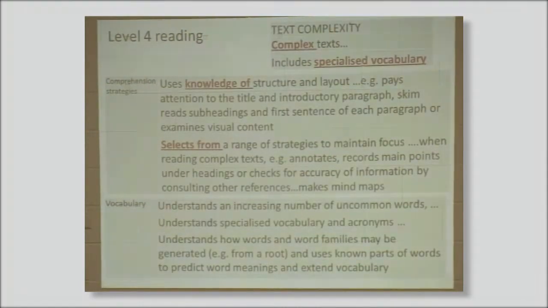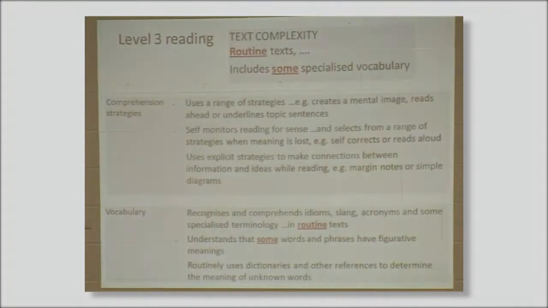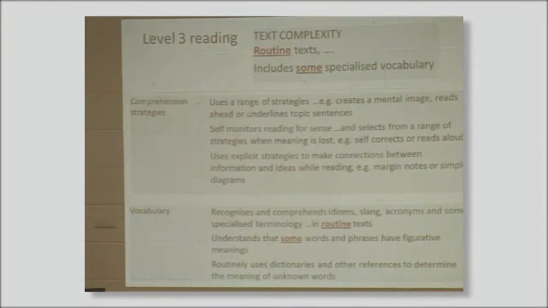They're going to need to know a lot about specialised vocabulary to be able to make sense of this text. They are going to be able to use a range of strategies, which is great for comprehension. And of course, they're going to need to have other reading skills, but as I said, we're selecting comprehension and vocabulary. All the time, they're only going to be able to operate with routine texts, and they're only going to understand some of the words you're giving them.